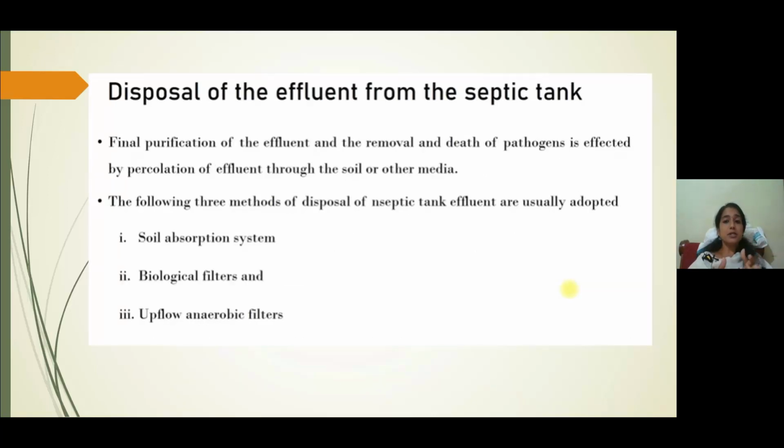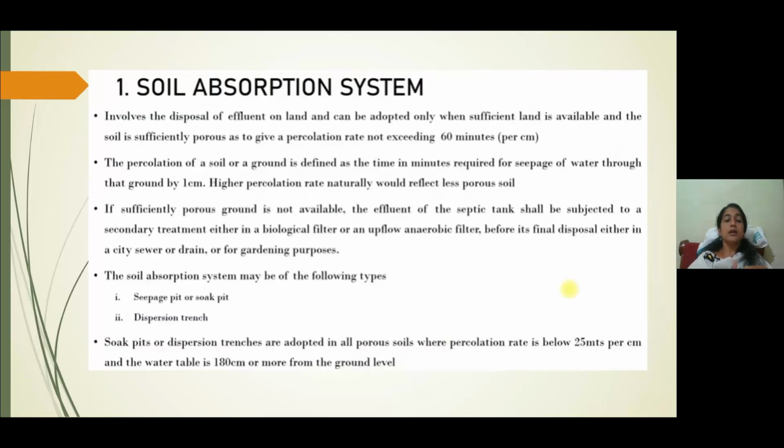And the disposal of the effluent from the septic tank can be done in three methods, that is soil absorption system, biological filters and upflow anaerobic reactors or filters. First one is soil absorption system.